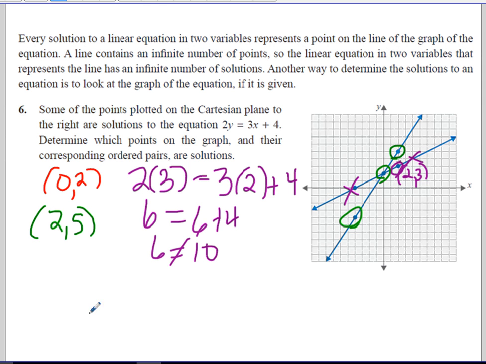And then the other point that works is backwards 1, 2, 3, 4, and down 1, 2, 3, 4. So backwards 4, down 4. And if we get that, we will get negative 8 equals negative 8. So again, we will get a true statement if we plug it in to our equation.